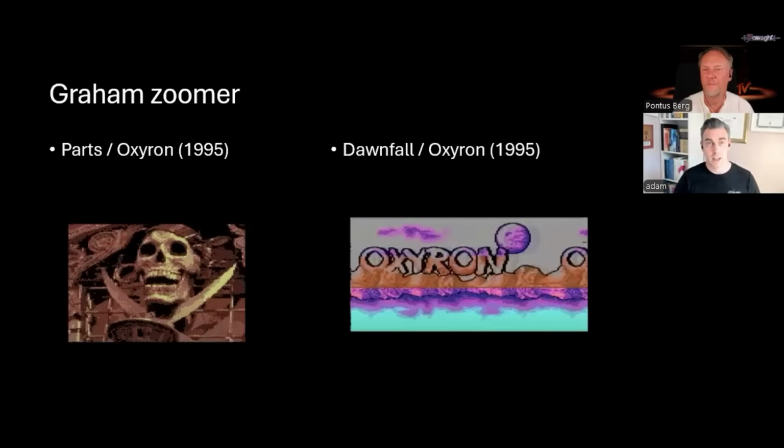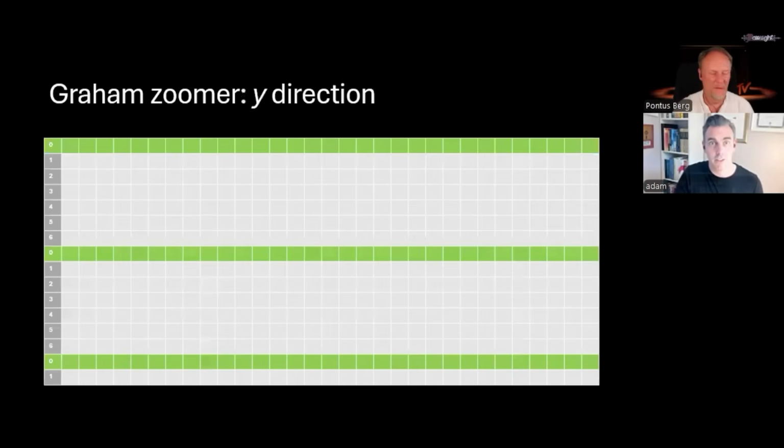And I thought we'd just look at how that works, because I think it's really, really cool. So the basis of this is that in the Y direction, we simply use this technique to trigger a new bad line. In its most outstretched form, the most zoomed in form, we have 7 lines between each bad line.